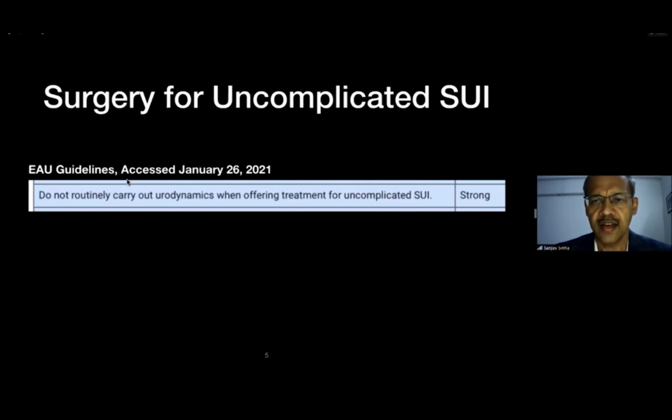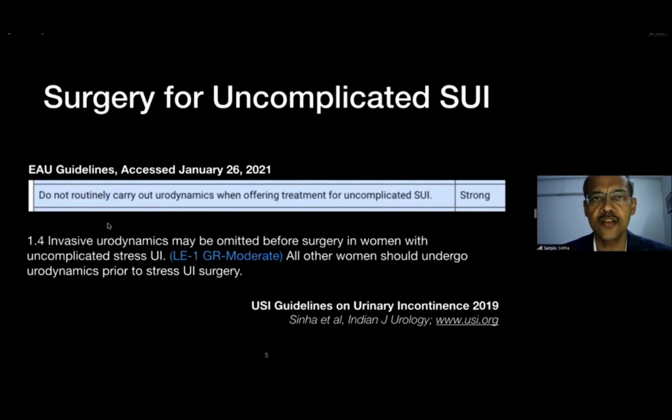So what about surgery for uncomplicated incontinence? Now, all the guidelines based on certain studies, which I'll just come to in a moment, state that you do not really need to do invasive testing for the uncomplicated woman with stress urinary incontinence, whether it's the EAU guideline, the Urological Society of India guideline, all the guidelines state this. And what's the reason for this?